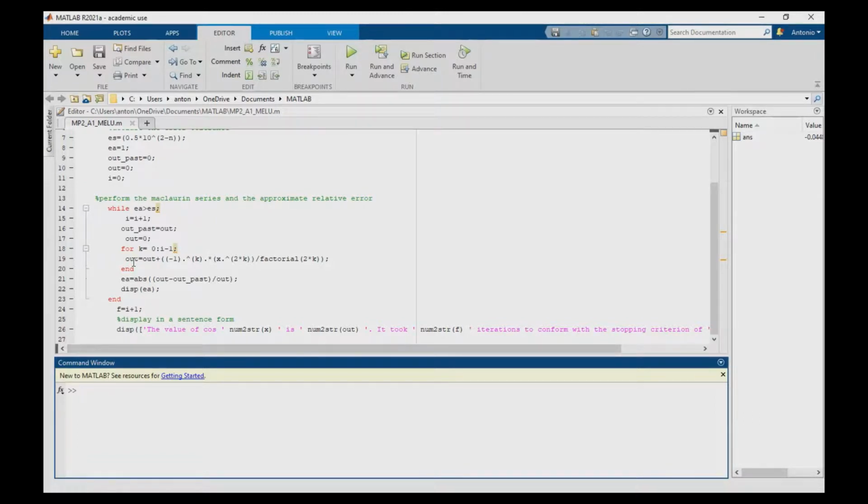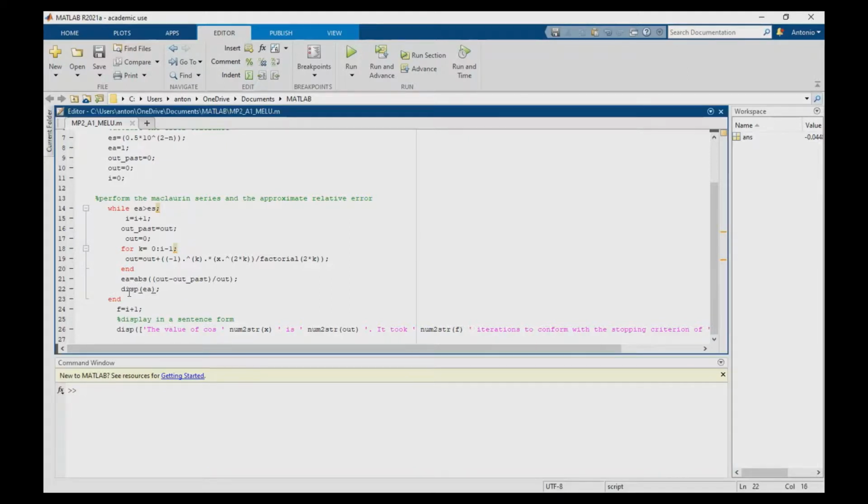EA is equal to the absolute value of out minus out sub past, where EA in this case is the condition in the while loop. So if EA at the end is less than ES, the while loop stops, and then it will display EA since it is needed in the while loop.